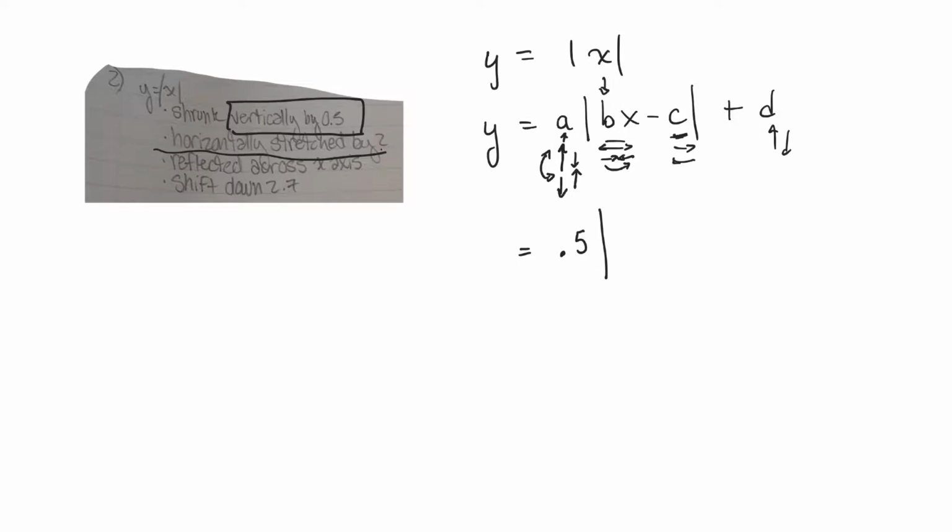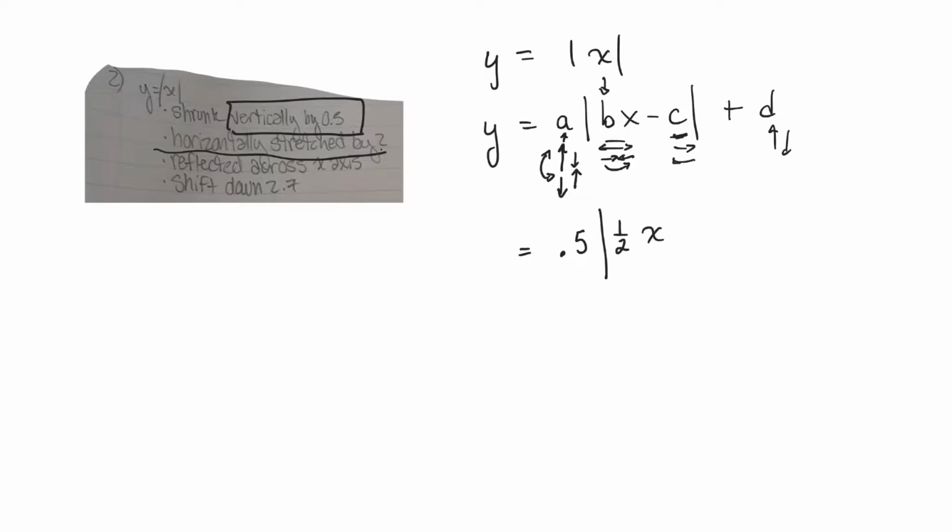So if it's stretched by 2, then the B value has to be a half. If it was shrunk by a factor of 2, then I'd put a 2 there. But the B value is opposite to what you'd think. So horizontally stretched by a factor of 2, that would be the half, x.